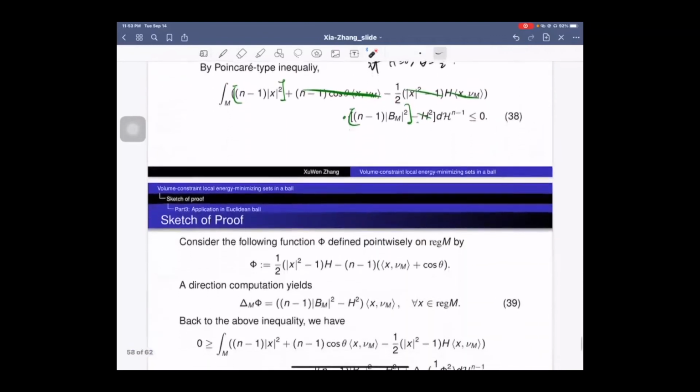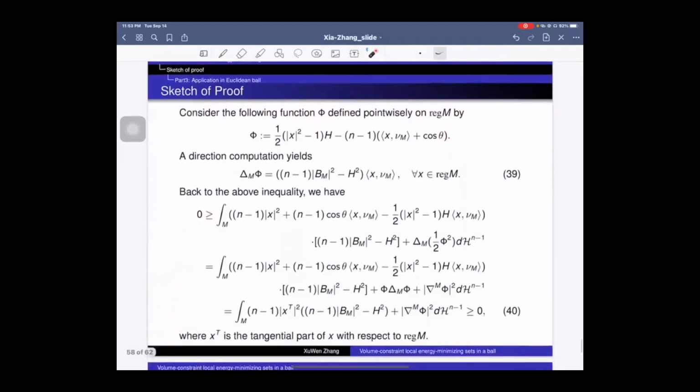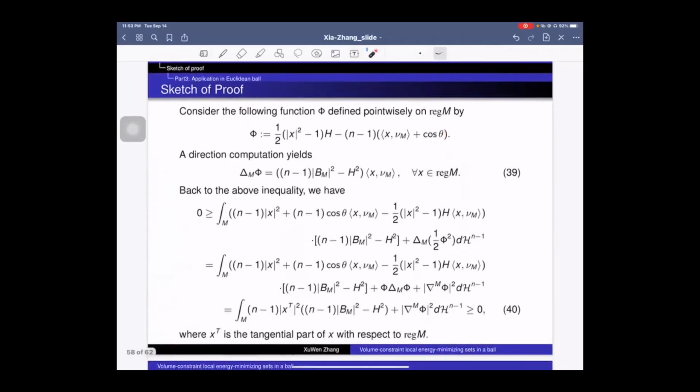But now, if H and theta don't satisfy this formula, we will have to consider the following function, phi, defined by this formula, and a direct computation will give us that the tangential Laplacian of phi is this.